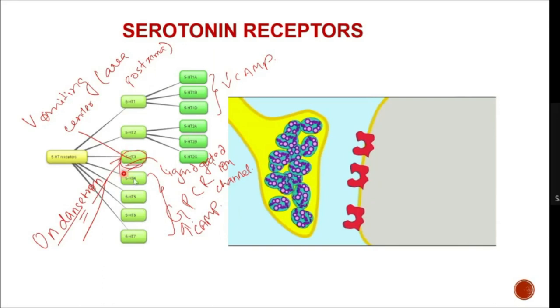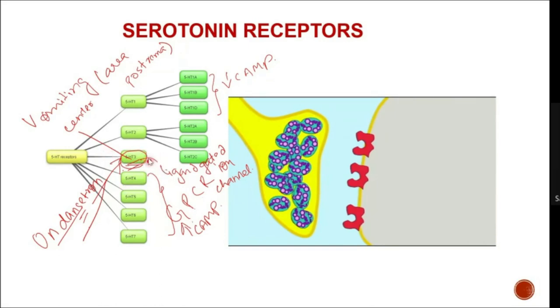But the point to remember here is receptor number 3, 5-hydroxytryptamine 3. It is very important because there are two features that we have to remember. One, it acts like a ligand-gated ion channel, very similar to our acetylcholine receptors.